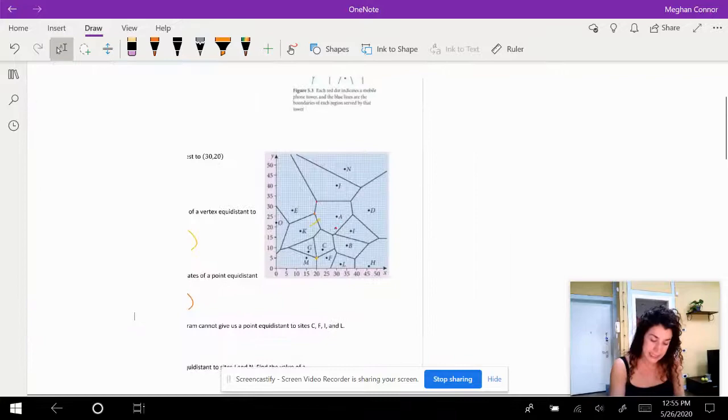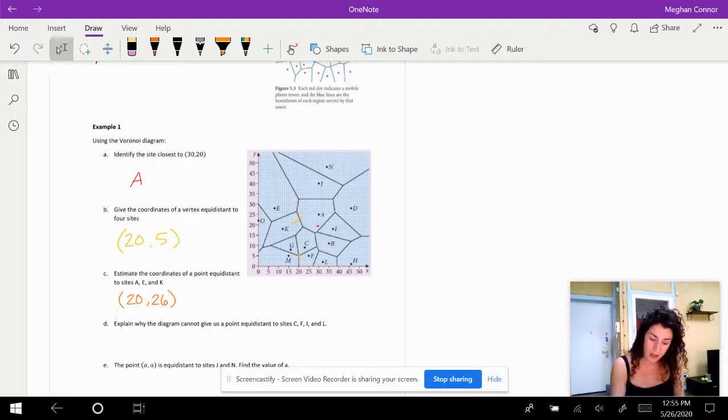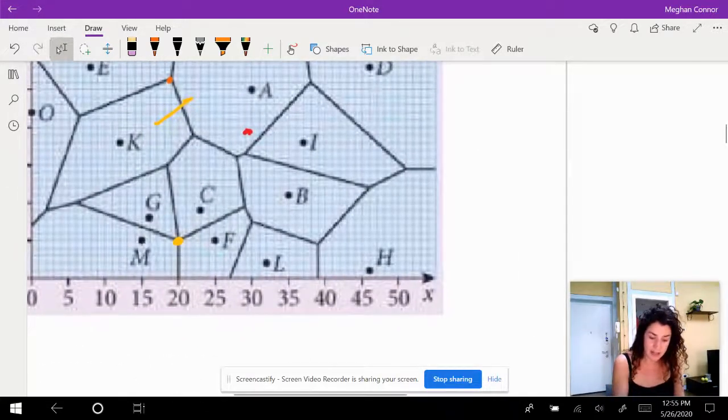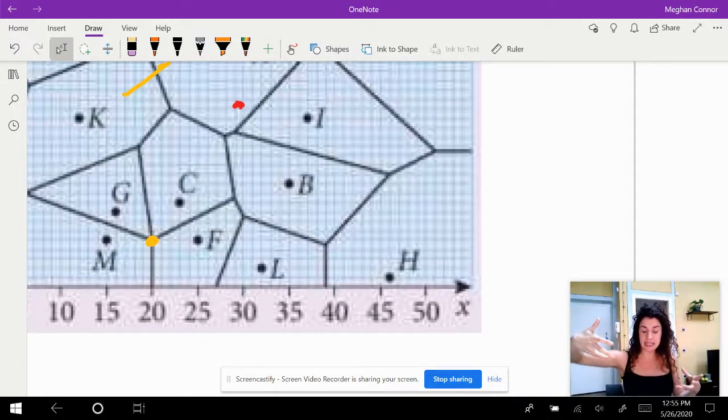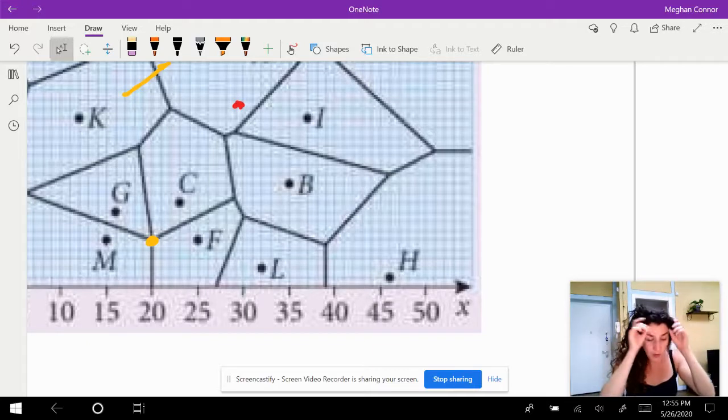So looking at C, F, and L, or C, F, and I, B is getting in the middle of there. B is creating this interruption into the cell that could be C, F, L, and I. I wanted to focus on C, F, L, and C, F, L does not have a point that's equidistant between those 3, and that's also because of B.